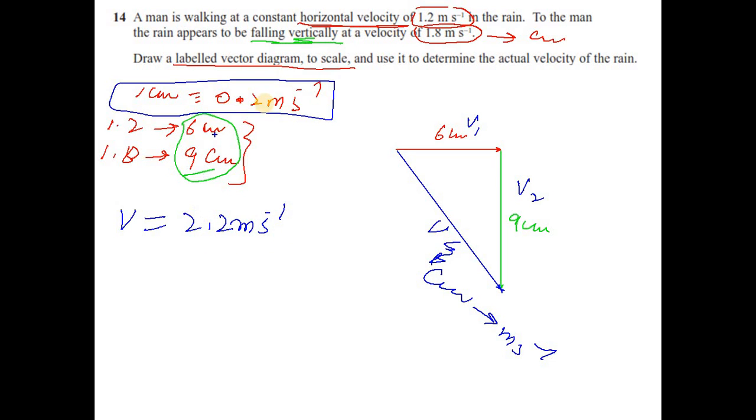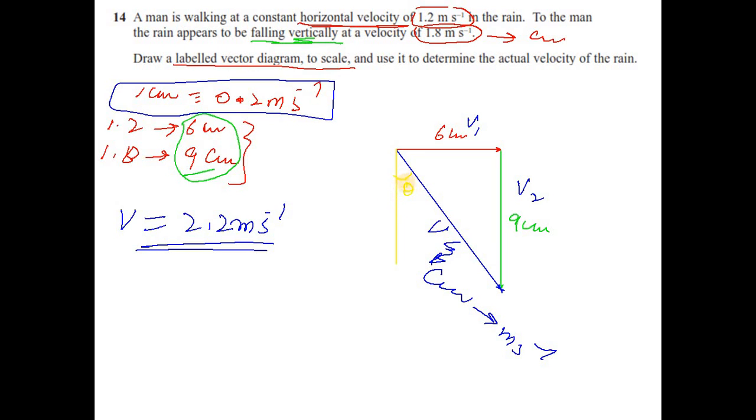In these types of questions, most of the time we need to find the direction in addition to the magnitude, and in this case I'm going to find the direction with respect to the vertical line. So this is a vertical line, and I need to figure out this angle theta.